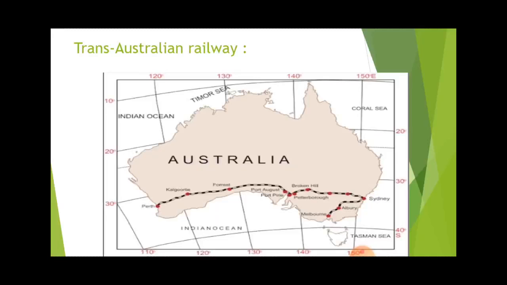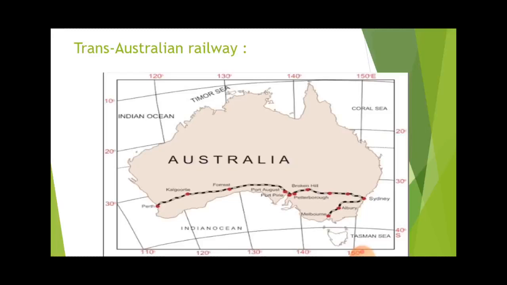Another transcontinental railway is the Trans-Australian Railway, that is from Sydney to Perth. It is used from one end of the continent to the other end of the continent.